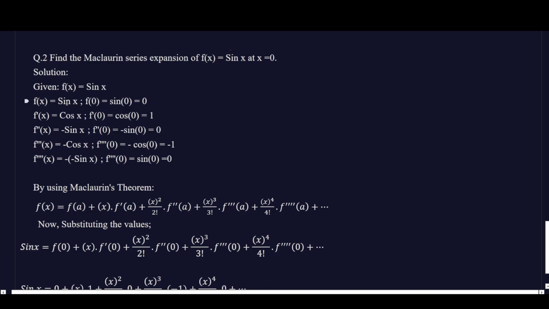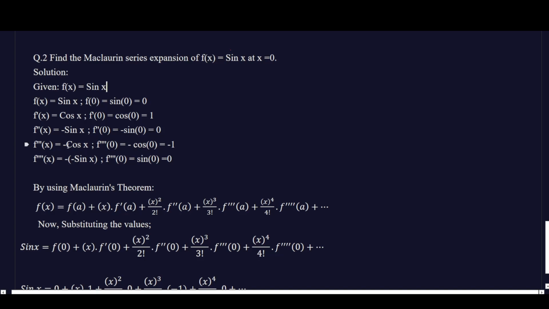The f of x is sin x, and the first derivative of sin x is cos x. The second derivative of sin x is minus sin x, that means if you again take the derivative of cos x, we get minus sin x. The third derivative of sin x is minus cos x, and the fourth derivative of sin x is sin x.